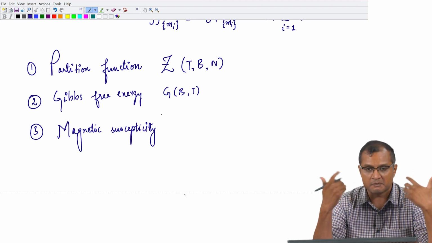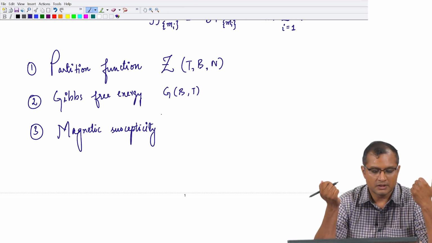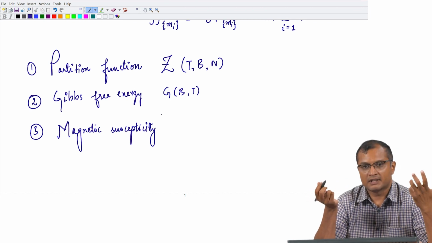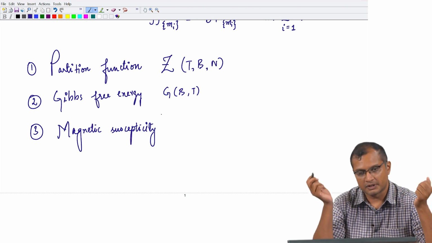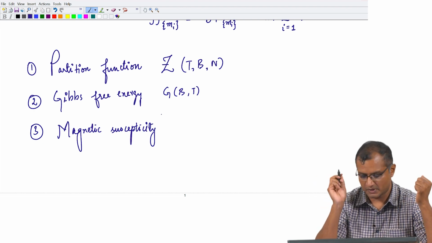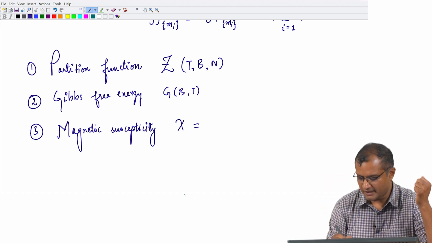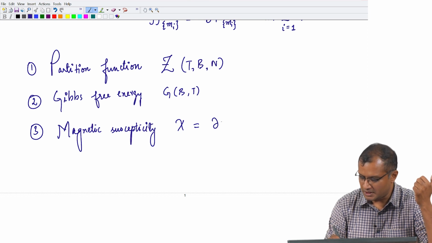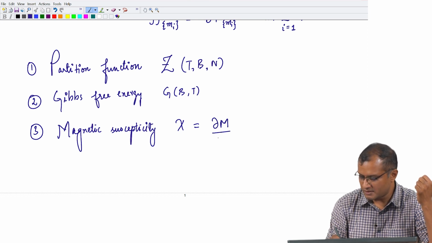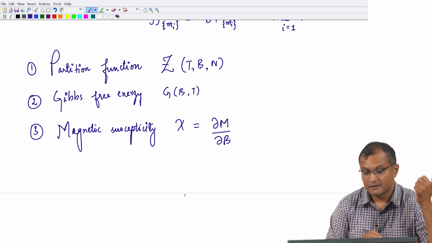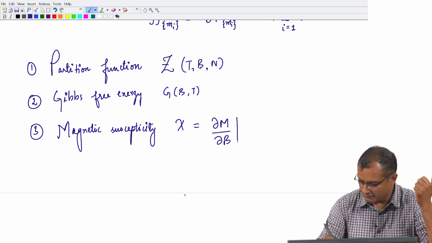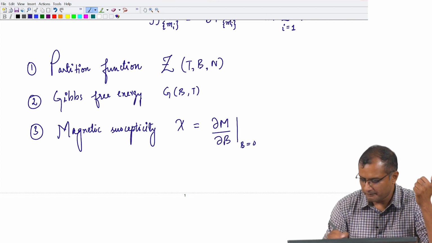So, magnetic susceptibility is an important quantity that one often constructs for magnetic systems. So, chi, which is defined as the rate of change of magnetization as a function of applied field for very small values of field.